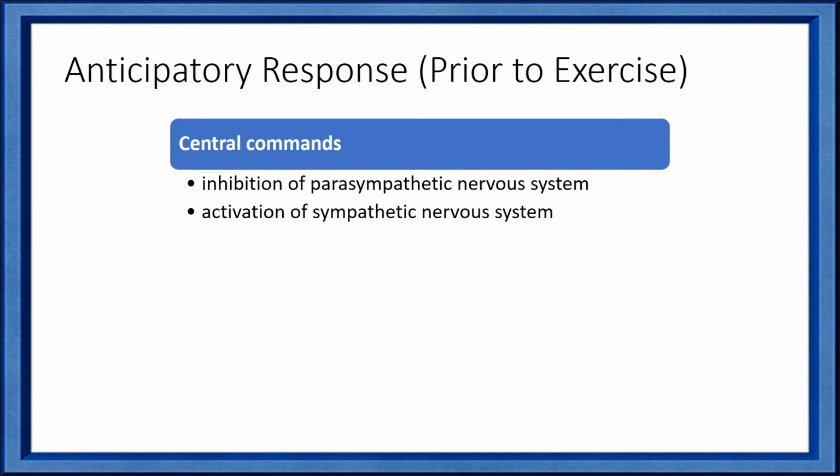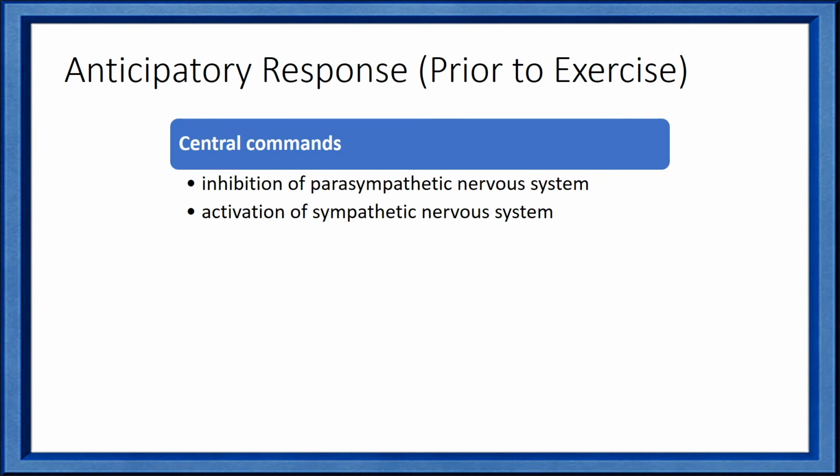Release of epinephrine and norepinephrine initiates several cardiovascular changes, including increased heart rate prior to exercise and increased alertness, and the anticipation of exercise elicits all the components of the early response to exercise.